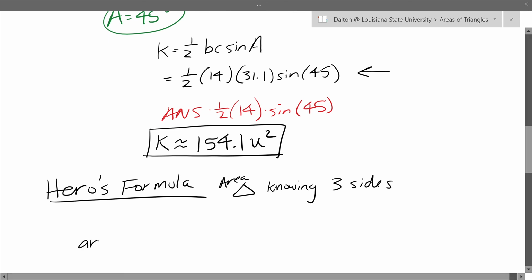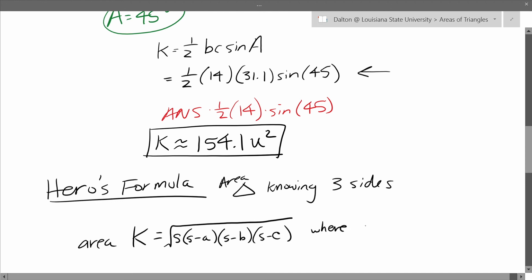So the area using Hero's formula, we still use K, is represented as the square root of s times s minus a times s minus b times s minus c, where s is equal to 1/2 times a plus b plus c.